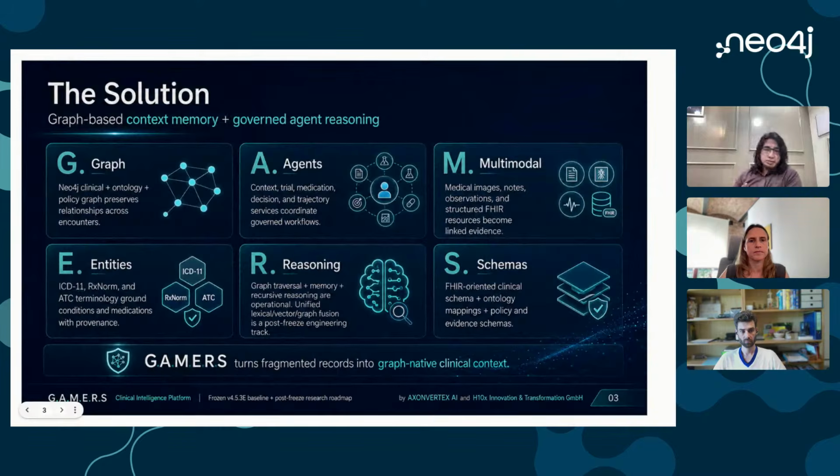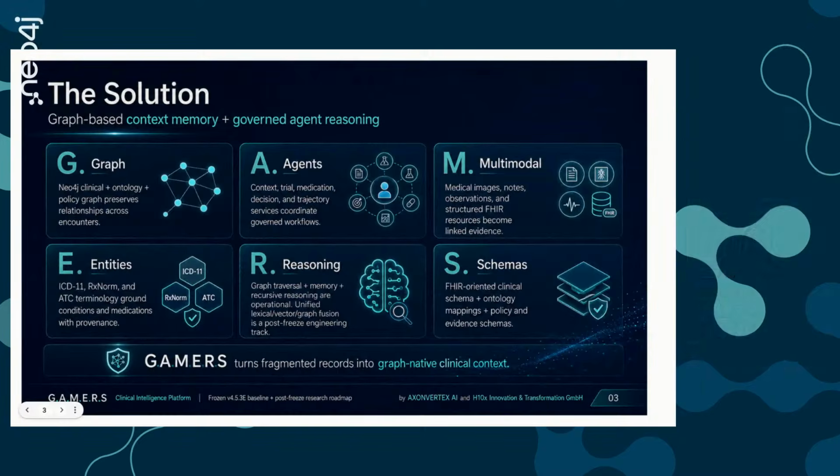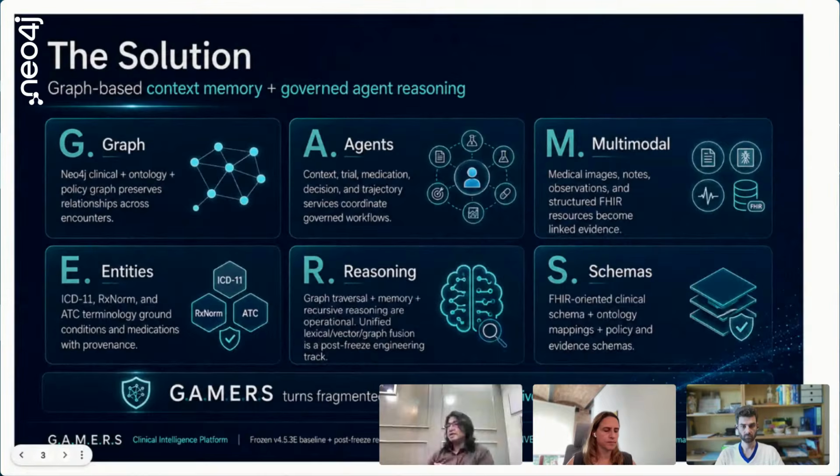Then we are looking into the multimodality part of it. And when I say multimodality, we are getting the data in FHIR format, Fast Health Interoperable Resources format. And we also have imaging data. We have clinical biomarkers, which are basically numbers. And we are going to create all of this as entities and try to reason over them together.